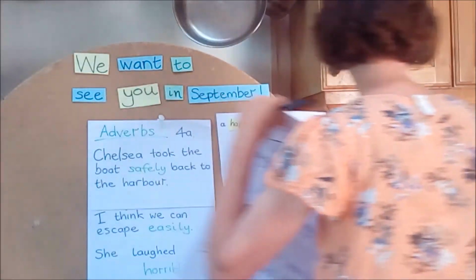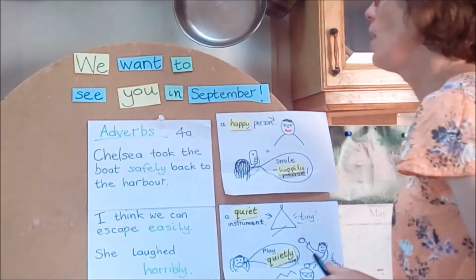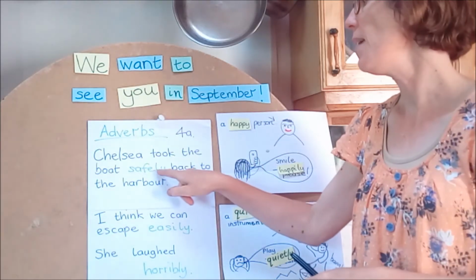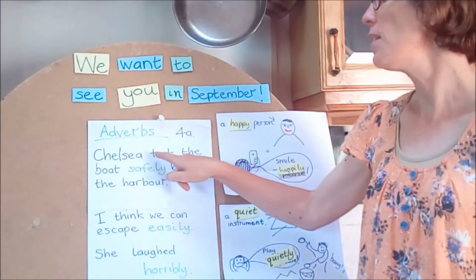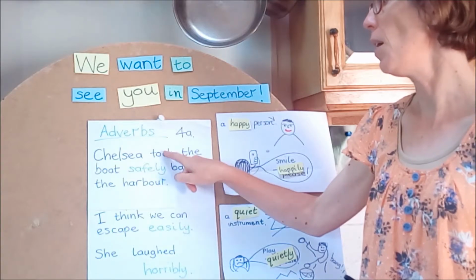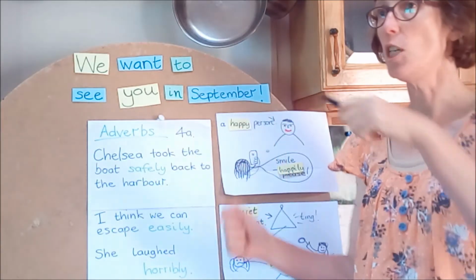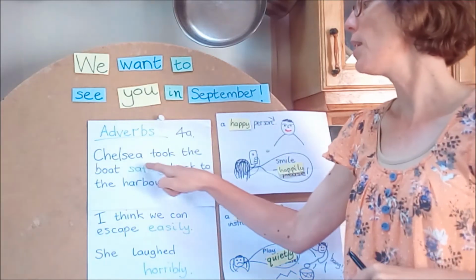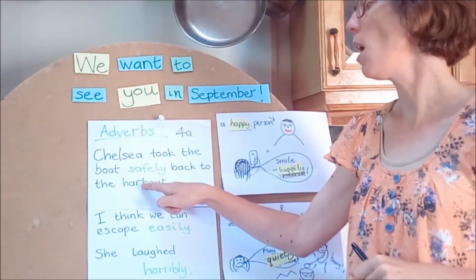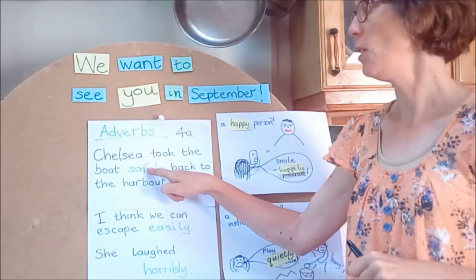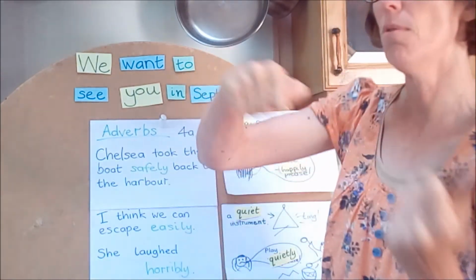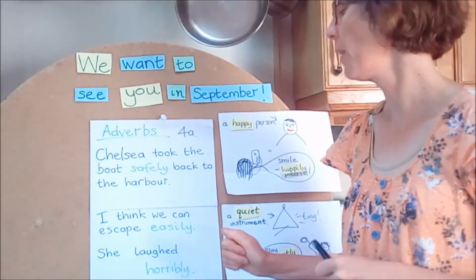Next, the adverbs. Whoops, I've got them all ready here. The adverbs. Safe changes to safely. Chelsea took is the verb. So Chelsea took, or say Chelsea drove the boat safely back to the harbour. So this describes the action of taking the boat.